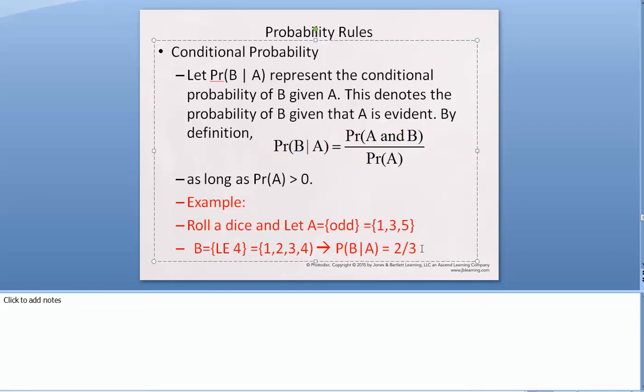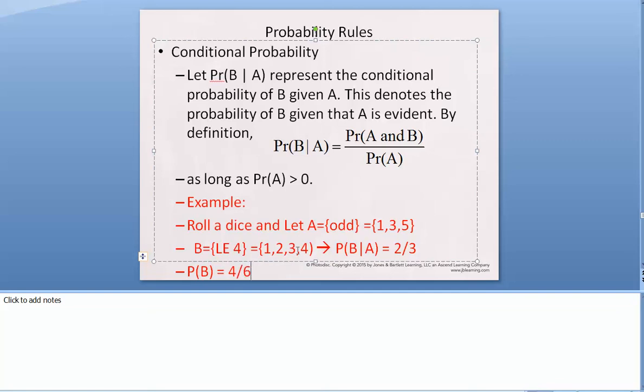Now let me put one more here. The probability of B unconditionally is equal to what? We do not know whether the number observed was odd or even. So altogether there are 6 outcomes, and 4 out of those 6 favor this event. So it will be 4 over 6.